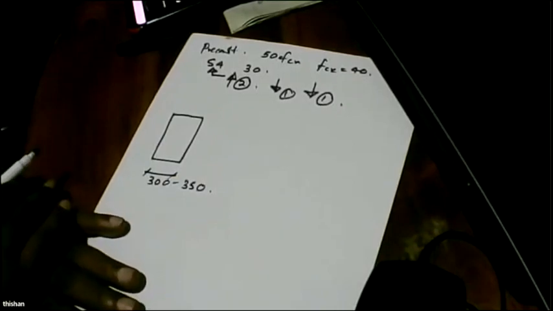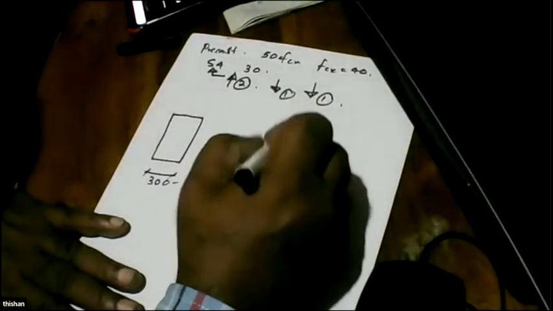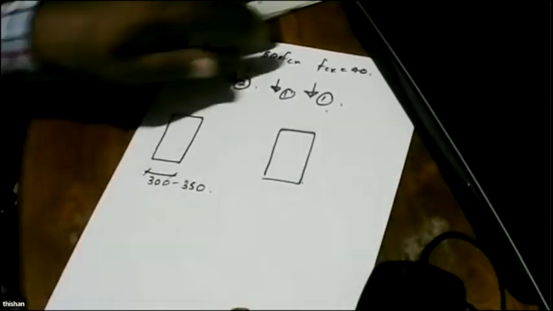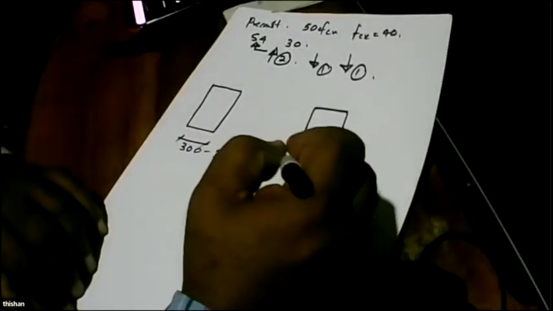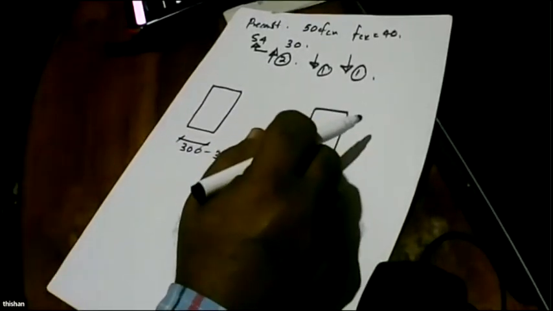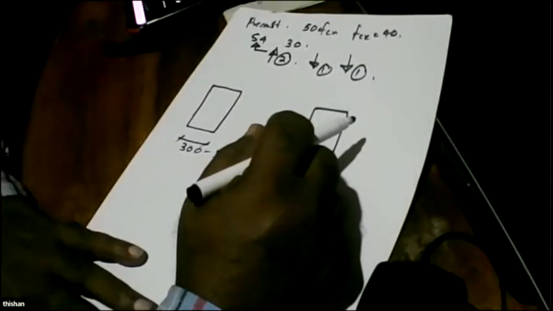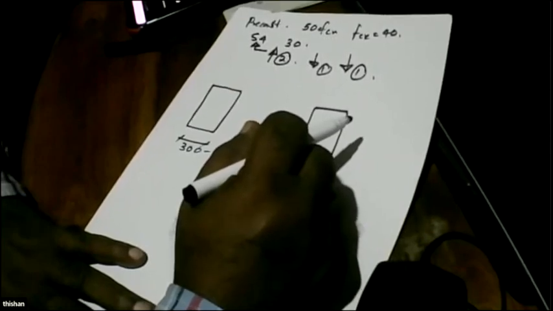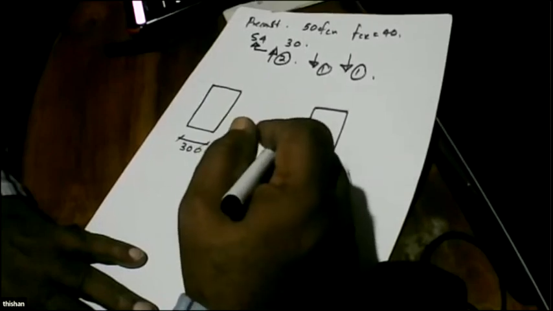But that all depends on the weight of the beam that you are going to cast, because you have to finally lift it up and place it. So you have to look at the capacity of the crane available to you. These days cranes are readily available, so we can assume that we are going to make use of a crane.